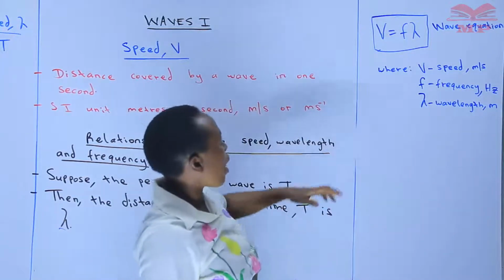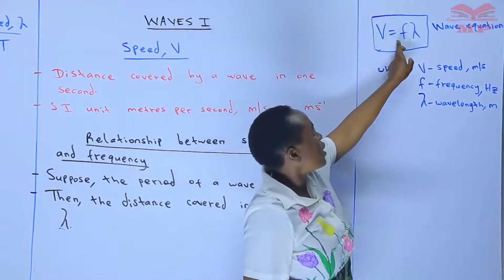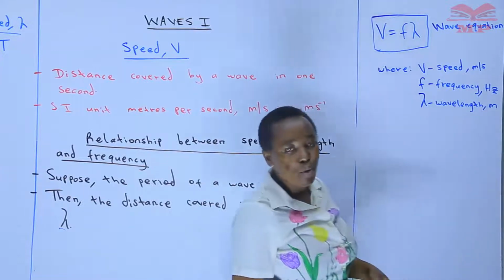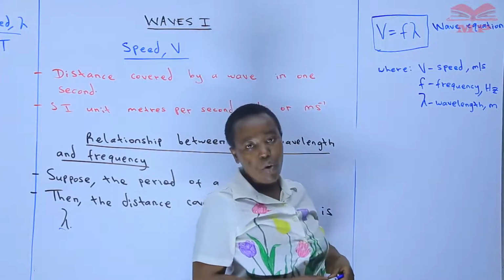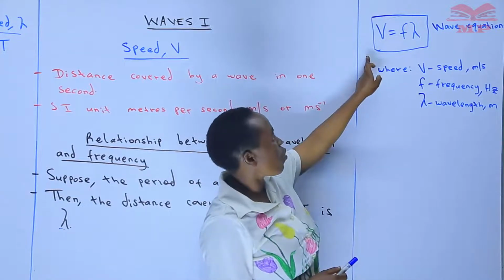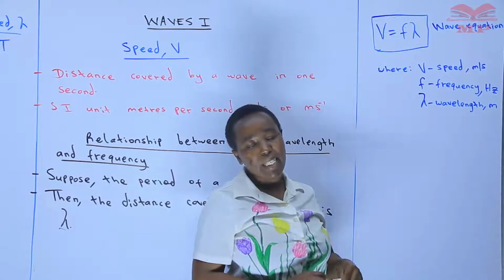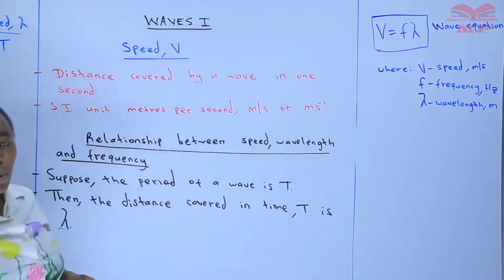So whenever you are applying this equation, ensure that every quantity is in its SI unit: the SI unit for speed, for frequency, and for wavelength. So this is what we are calling the wave equation. Hoping that that is clear. We are going to apply this in solving some problems.